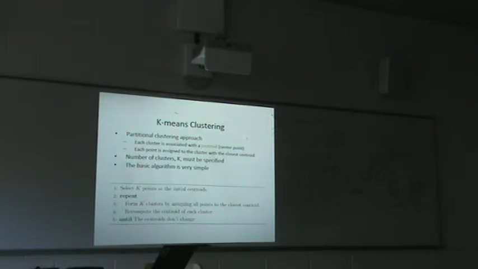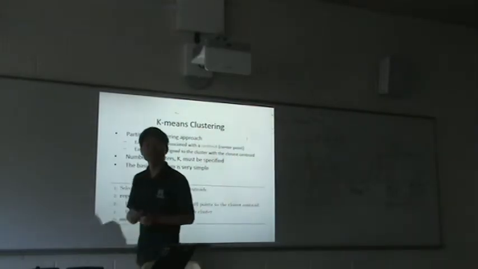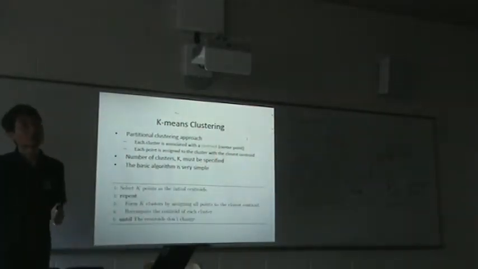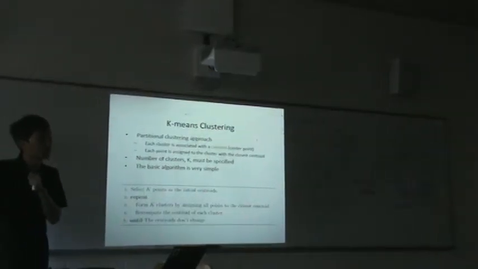So randomly select 2 items, 2 persons, then compute the distance. Okay? Then optimize so that the average distance in the group is as small as possible. Okay? That is the K-means algorithm. K-means is very simple and very powerful. So there are many variations of the K-means algorithm. K-means is used for even the function products.